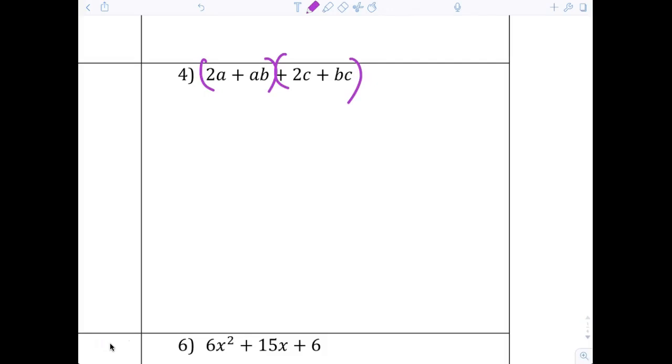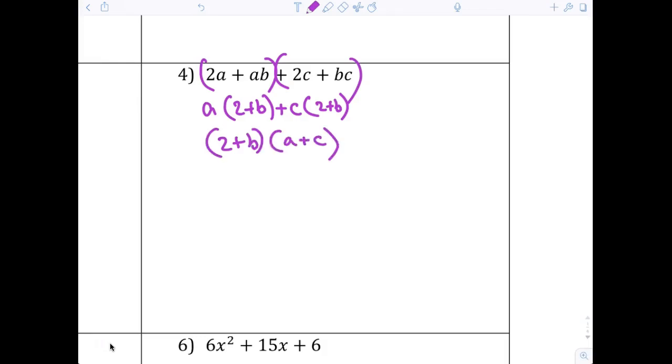And now we're factoring out the A. So we're left with 2 plus B. And then we're factoring out a C. We're left with 2 plus B. Now again, we're factoring. So we're left with 2 plus B times A plus C. Any questions with this now? All right, let's check out number 5.